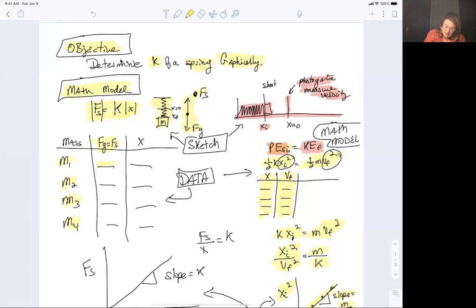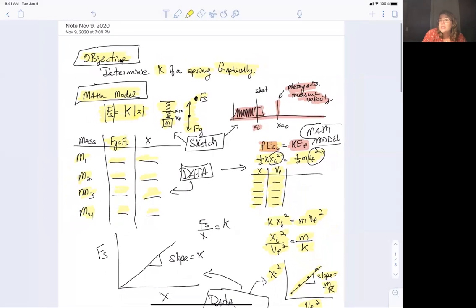So I can calculate the force of the spring pulling up on the block for each block. Then I can measure with a ruler how far the spring was stretched. And I now have some pretty easy data. All I needed was a scale to measure the mass, and I needed a ruler, or a meter stick.